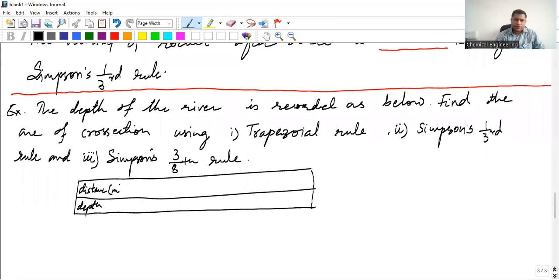Distance is in meter, and depth is also in meter. This is the distance from one bank, and this is the depth in meter.